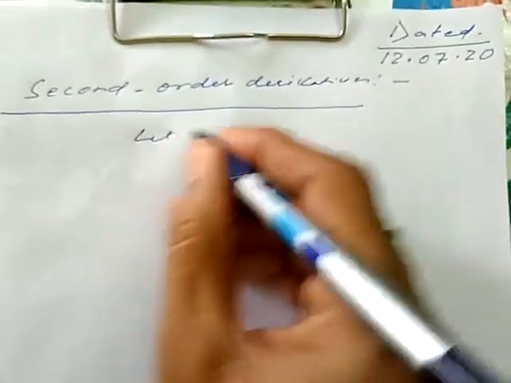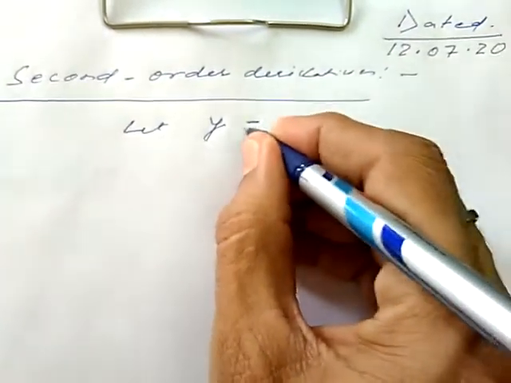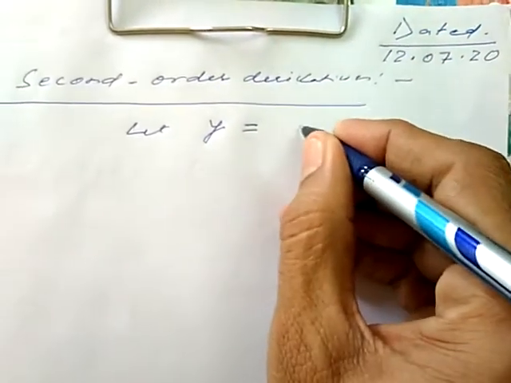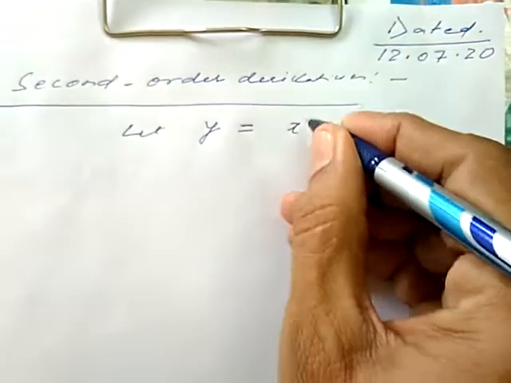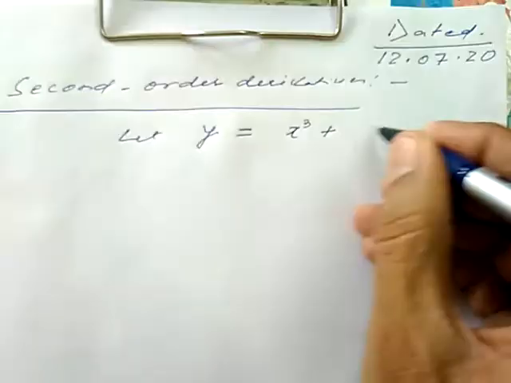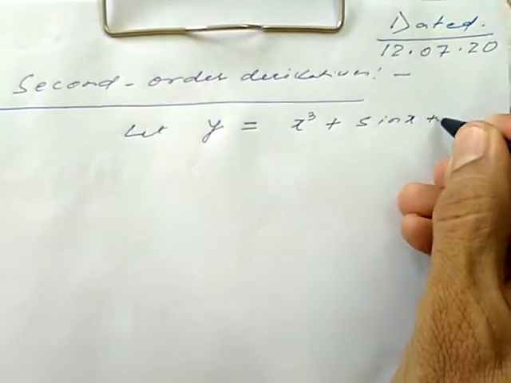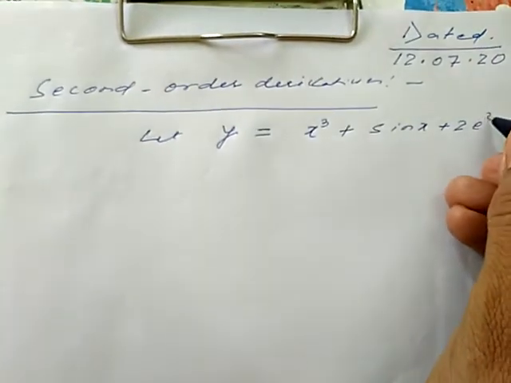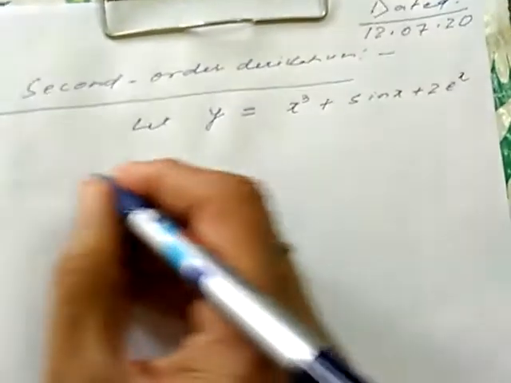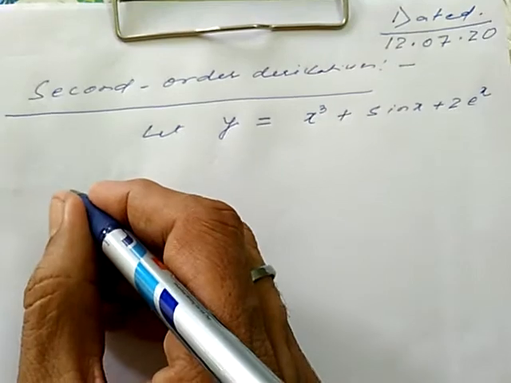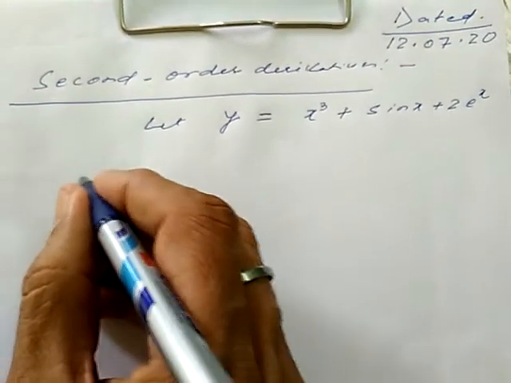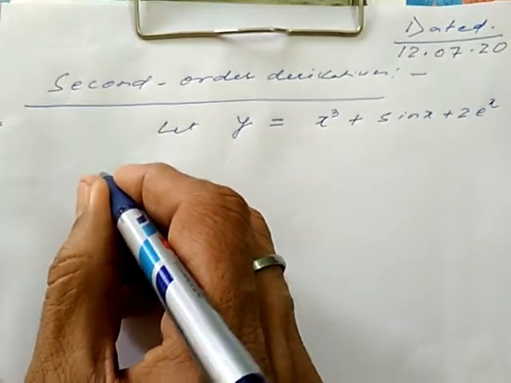Let y is equal to x cube plus sin x plus 2e^x. So I have taken a function, and we want to go for the first and second derivative simultaneously.